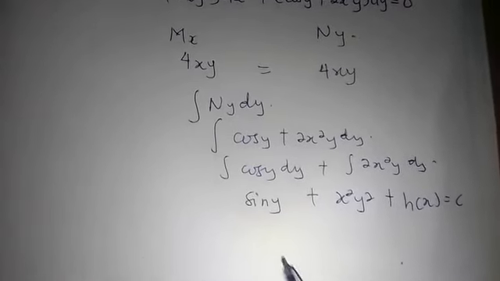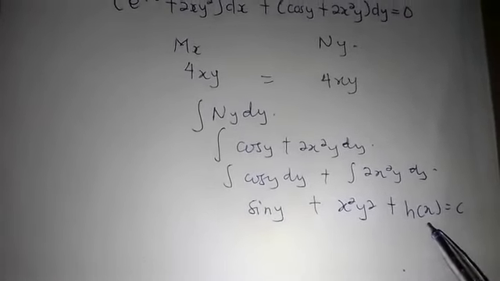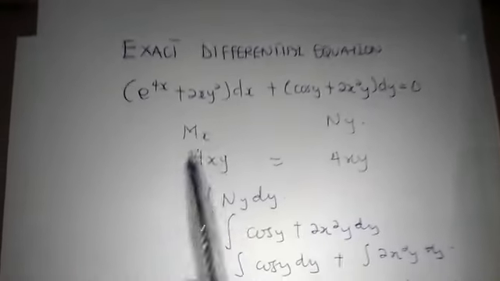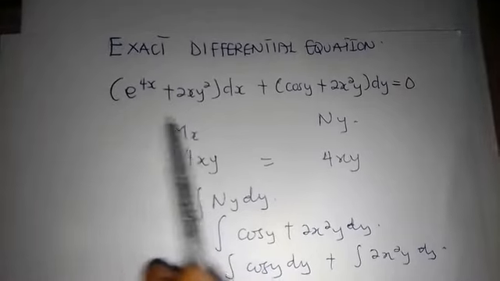So right now my aim is to find h of x. To find h of x, I'm going to differentiate this whole thing with respect to x, then equate it to the partial derivative with respect to x here.